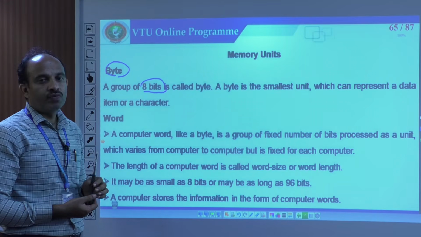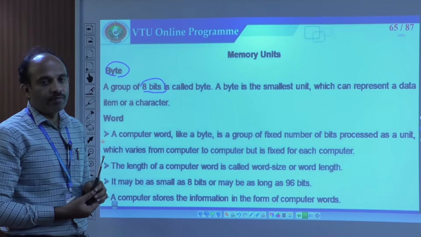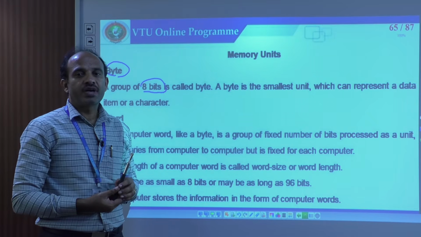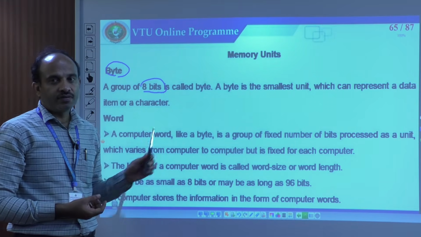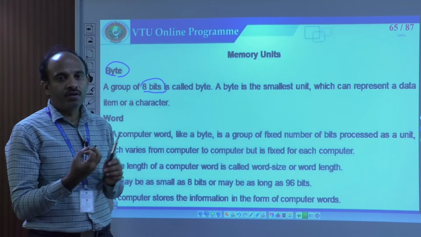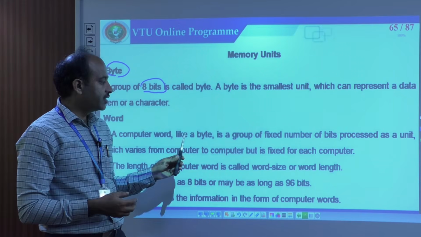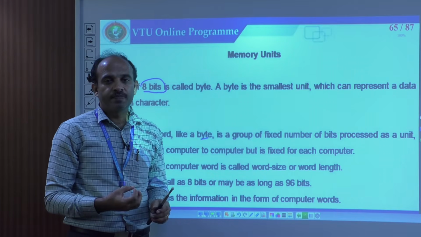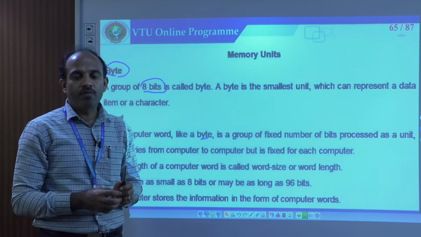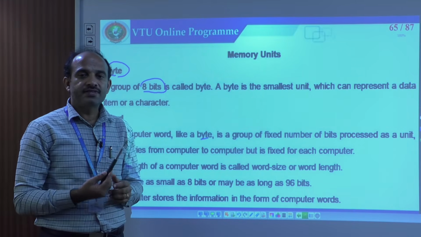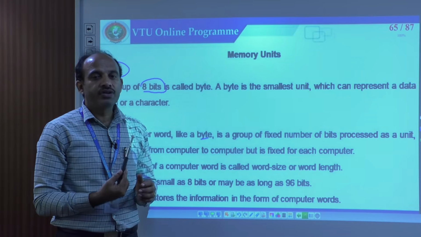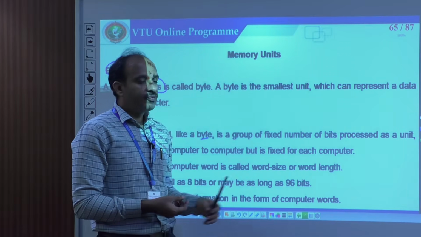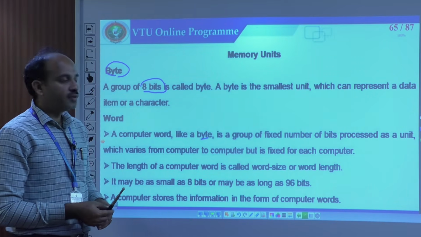Next, another one is word. A computer word, like a byte, is a group of a fixed number of bits processed as a unit. The word length varies from one system to another, but it is always fixed for each computer.